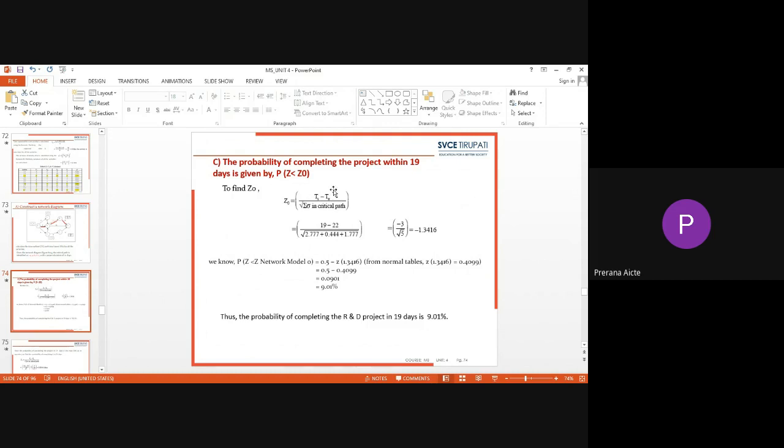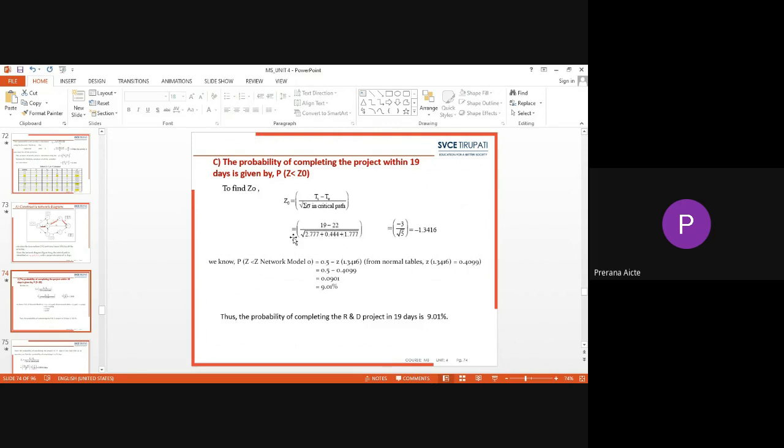In the given problem, the scheduled time is 19 and the expected time which we have determined from the project network is 22. So therefore, 19 minus 22 upon the root of 2.77 plus 0.444 plus 1.777. These three are the variances of the activities lying in the critical path.